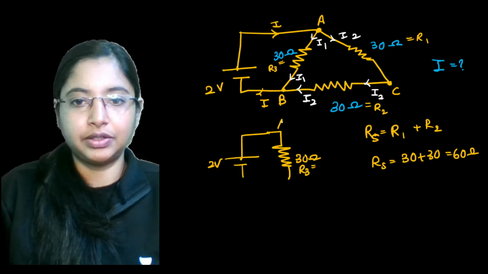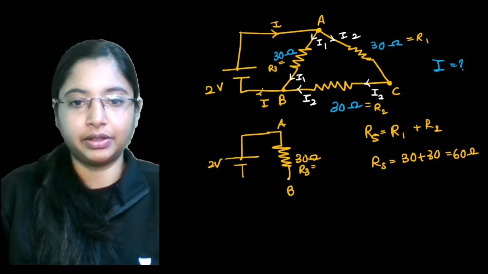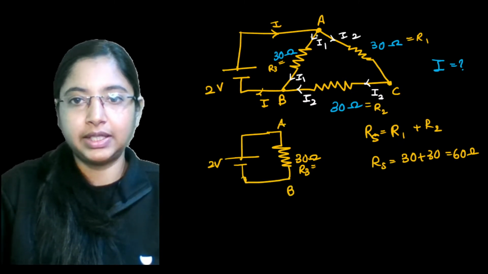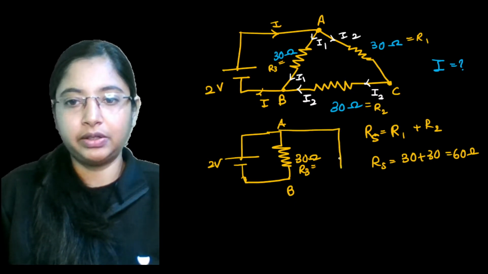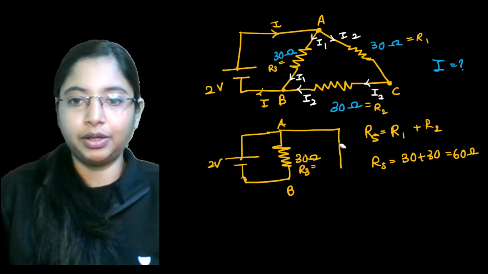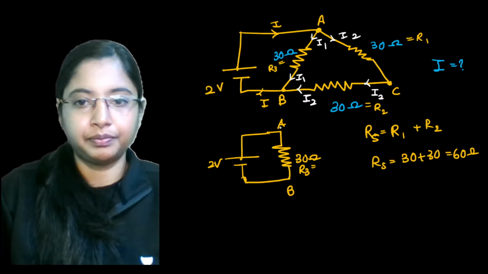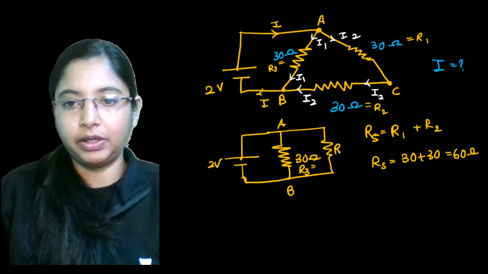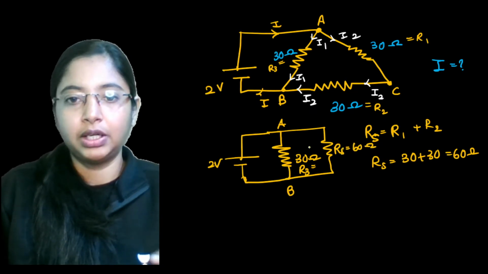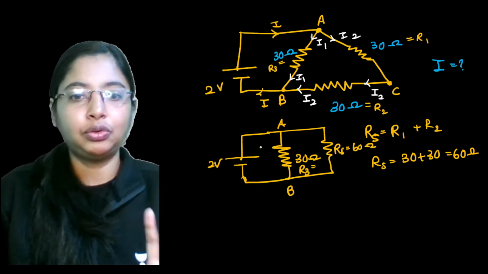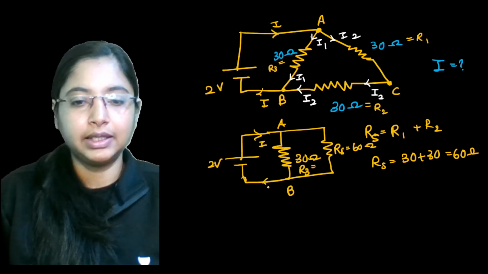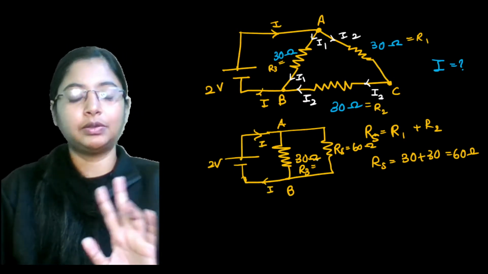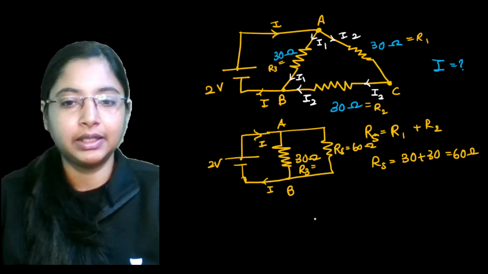This is your arm A, this is your arm B. Across A to B, the two series resistors have an equivalent resistance of 60 ohms. Now what do we have? We have two resistors in parallel.